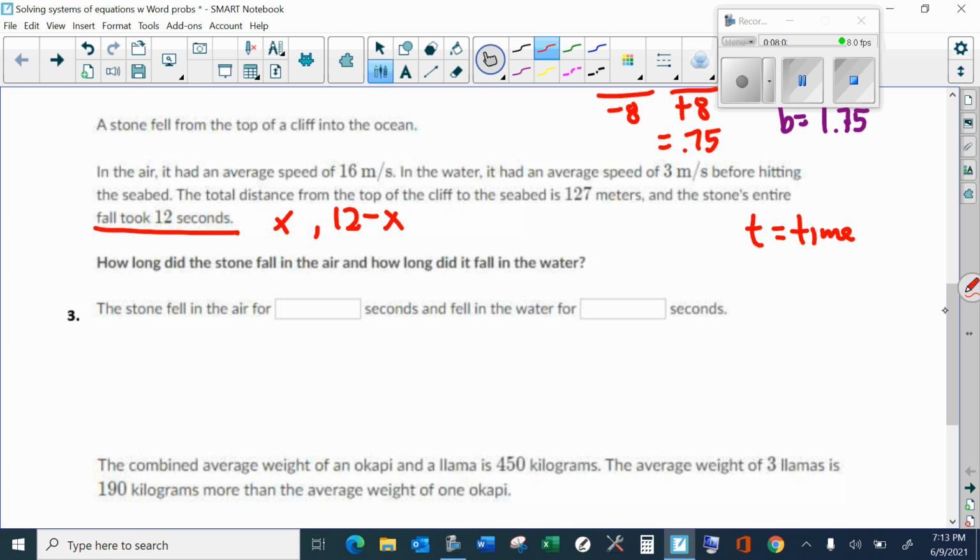Okay, one in time is X seconds, the other is 12 minus that answer. So they will add to 12. So if we just go ahead and put the X 16, so we have 16X plus 3 times 12 minus X, okay, for a total distance of 127 meters.